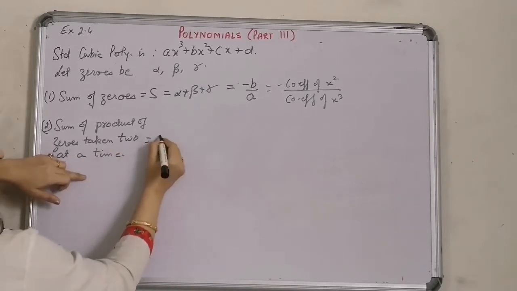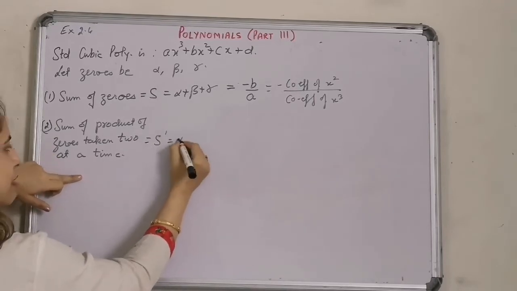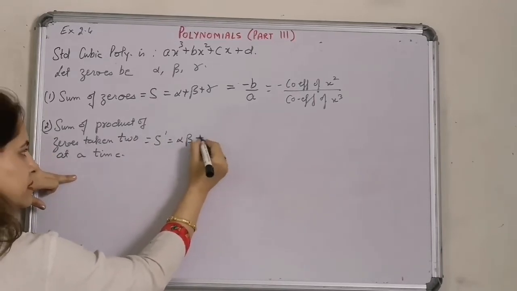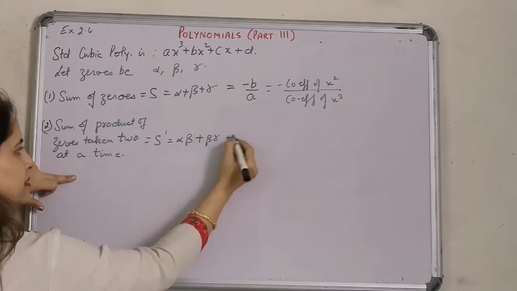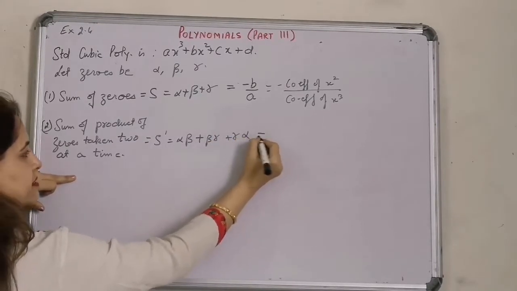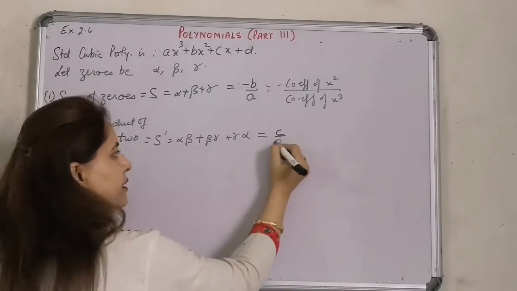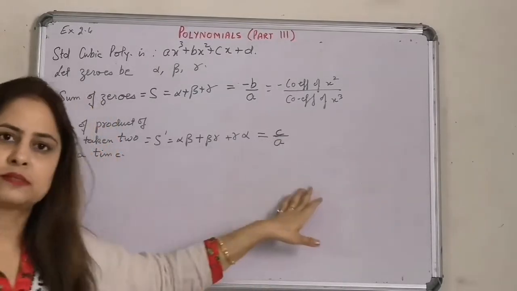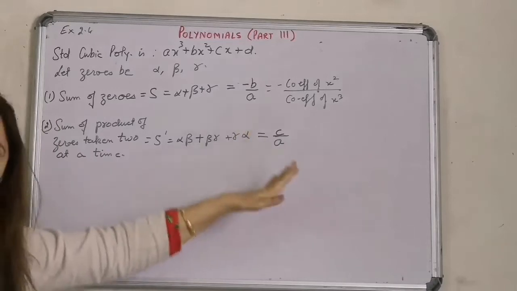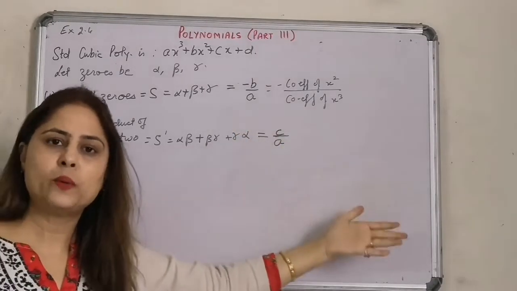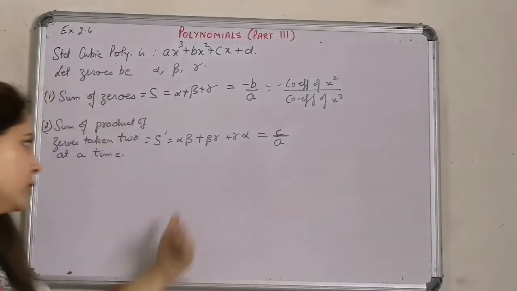Let us denote it by S dash, and this means alpha into beta plus beta into gamma plus gamma into alpha, and this is equal to c upon a. The derivation is not part of your syllabus, by the way, but if you want to derive it, it is in the similar way as we derived it for the quadratic polynomials.